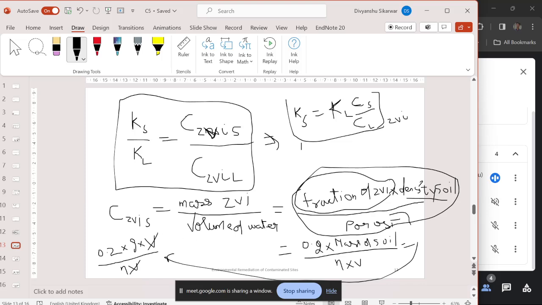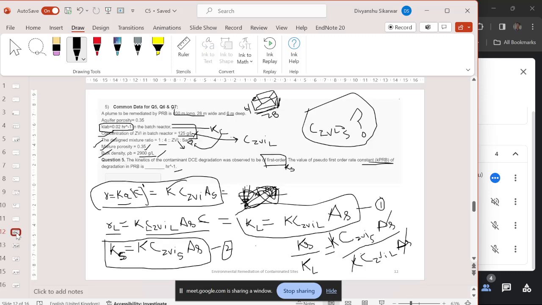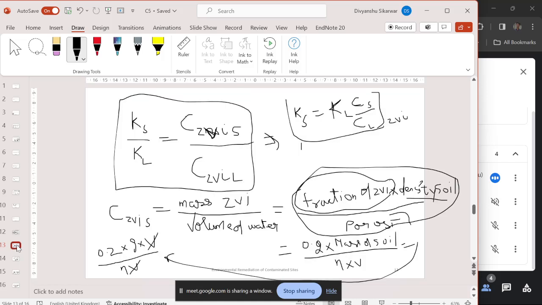You can also see it logically. If I have to calculate the concentration of ZVI, how much amount of ZVI is present basically in soil. Here the concentration we are taking in terms of per liter, no? So we have to calculate the volume of pores.